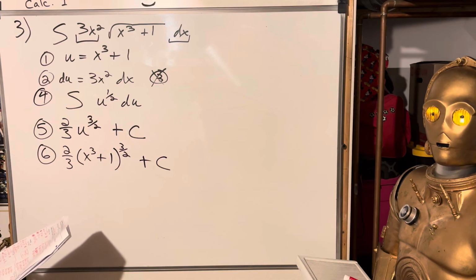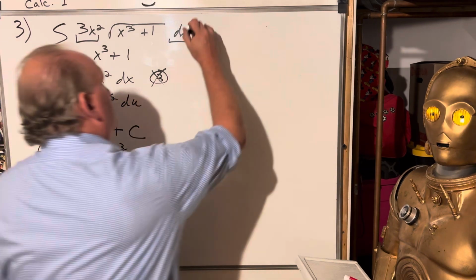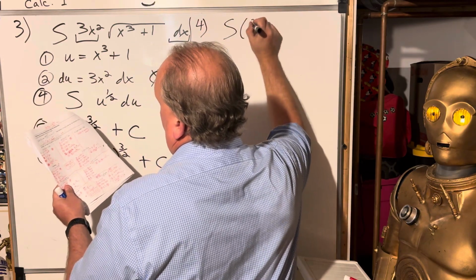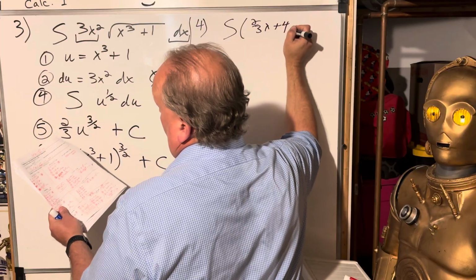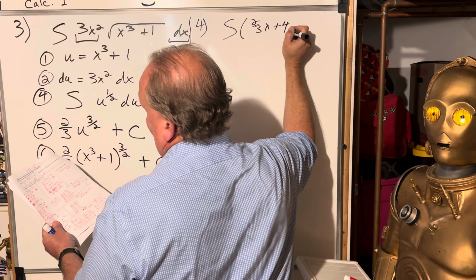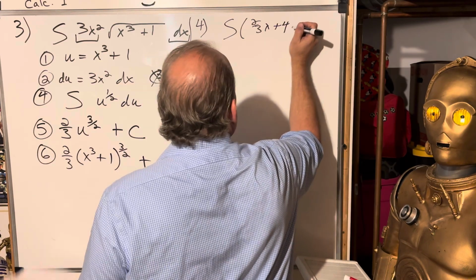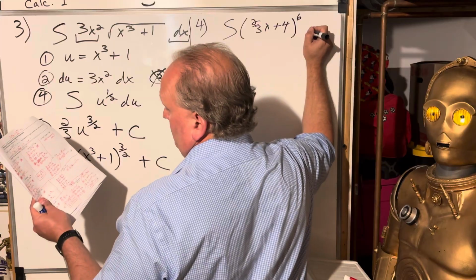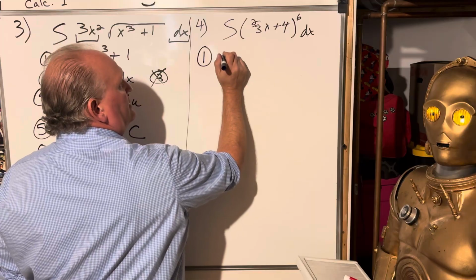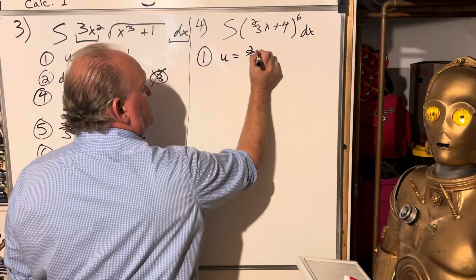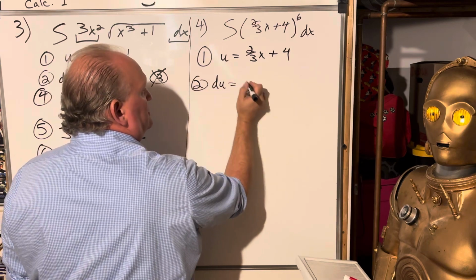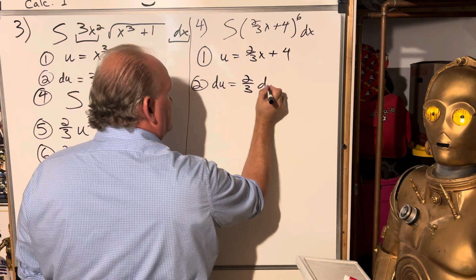Alrighty. On to the next one. Number 4, we have the integral of (2/3 x plus 4), all raised to the 6th power, dx. All right, so 1 is u is equal to the innermost thing, 2/3 x plus 4. 2, du is equal to 2/3 dx.